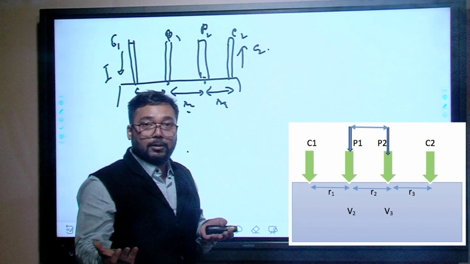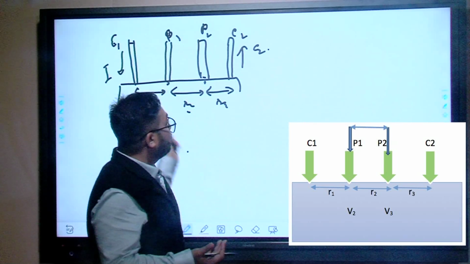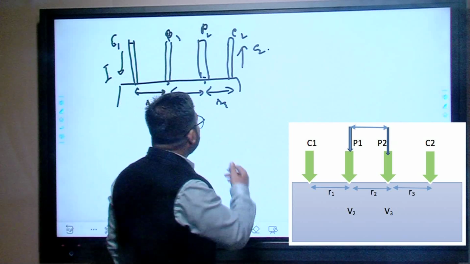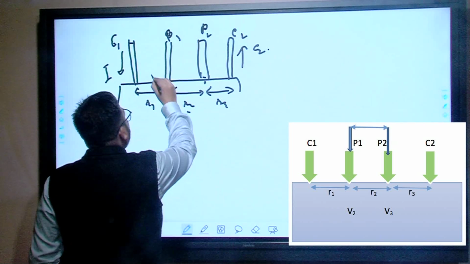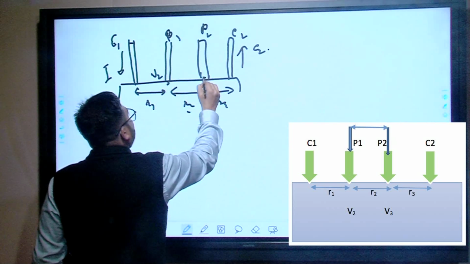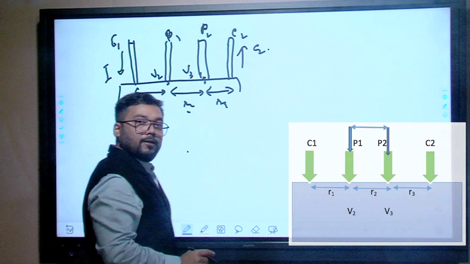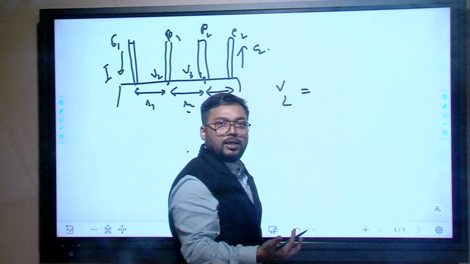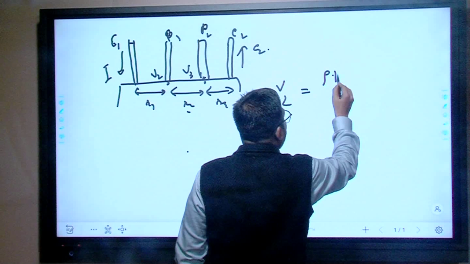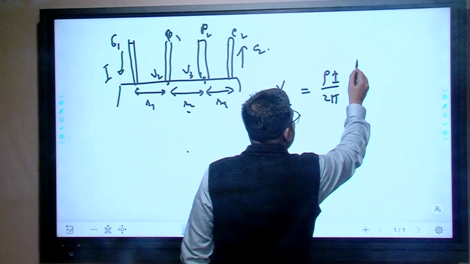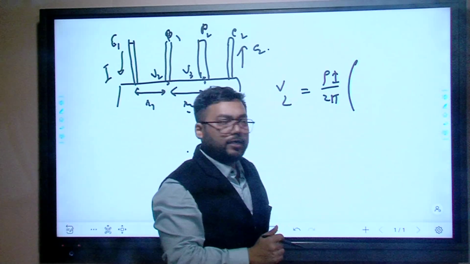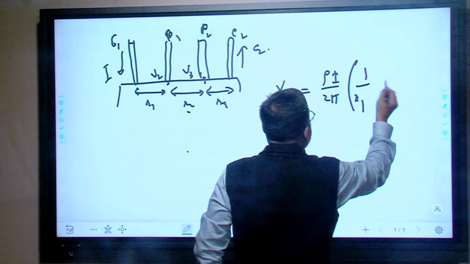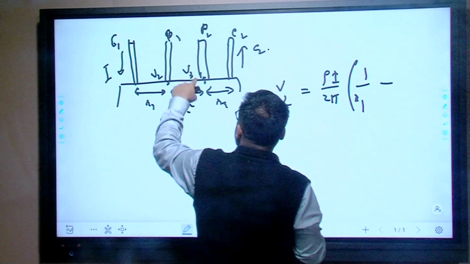You know how to calculate the total potential because of these two currents. We have already derived that formula. So I'll write the potential at this point as V2 and at this point as V3. What will V2 be? Recall the formula that we have already got: rho I by 2 pi, times 1 by R1 because of this current, minus 1 by R2 plus R3 because of this current.